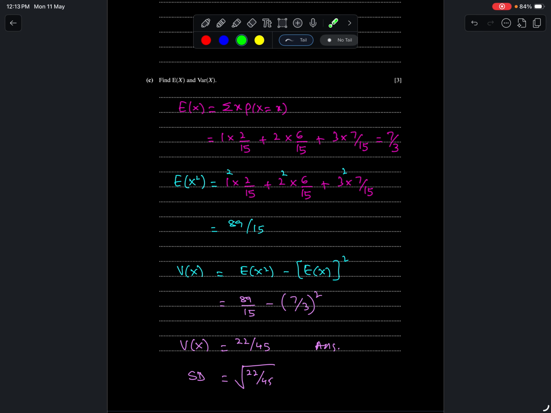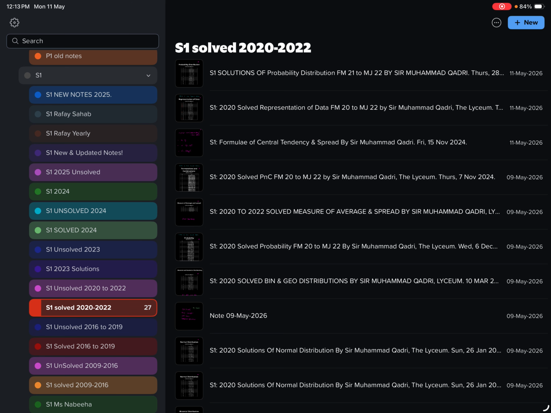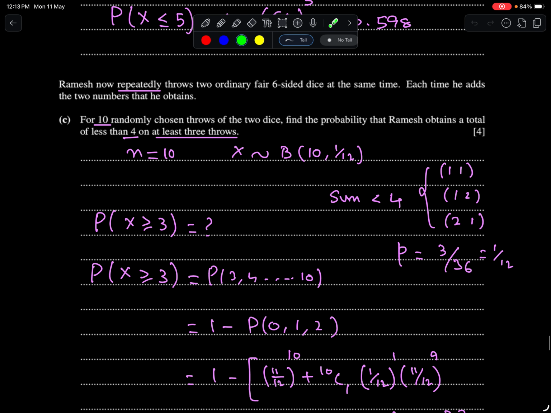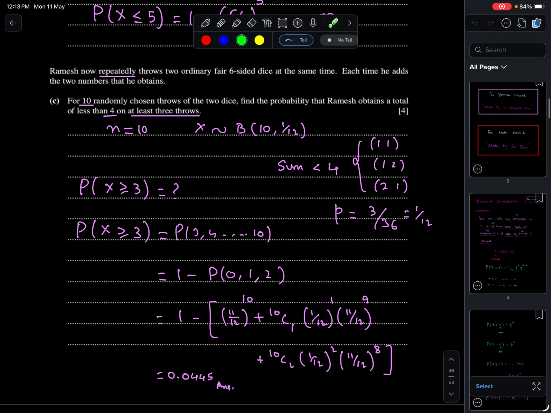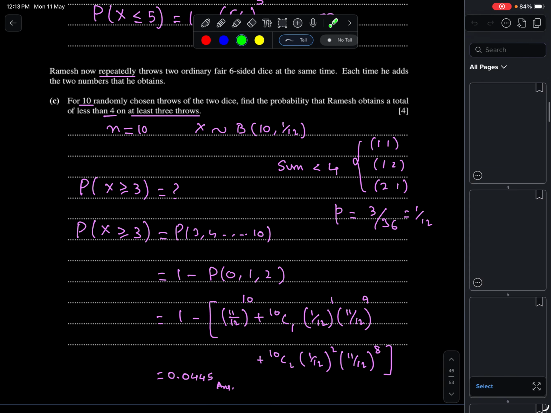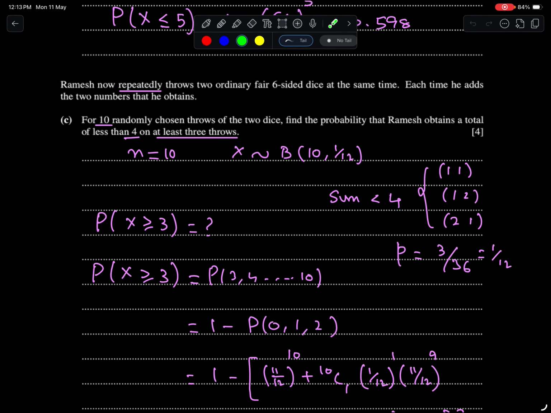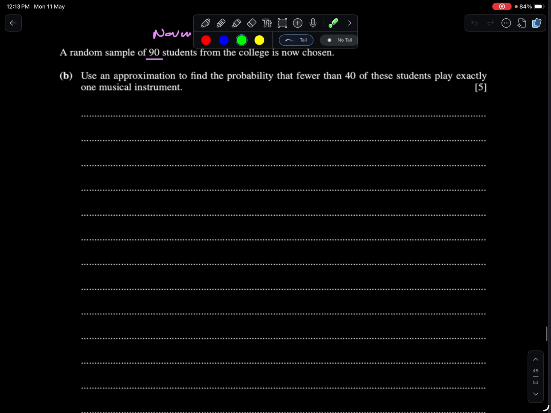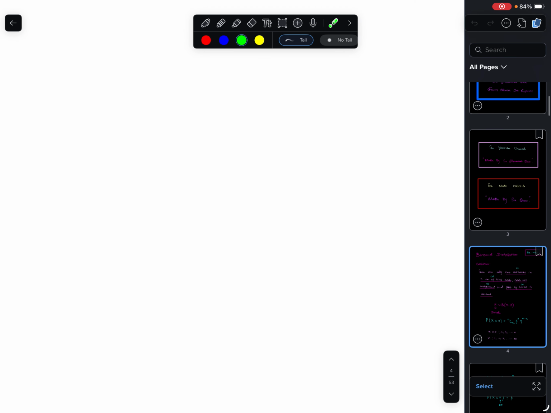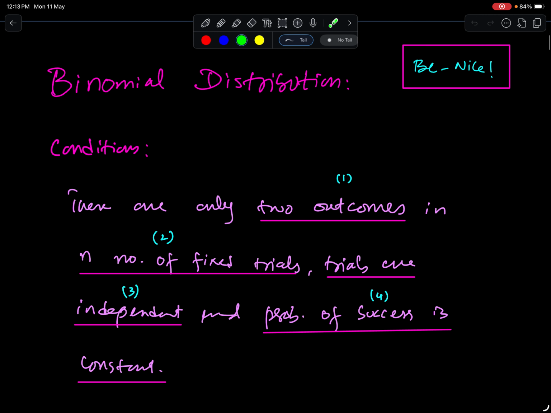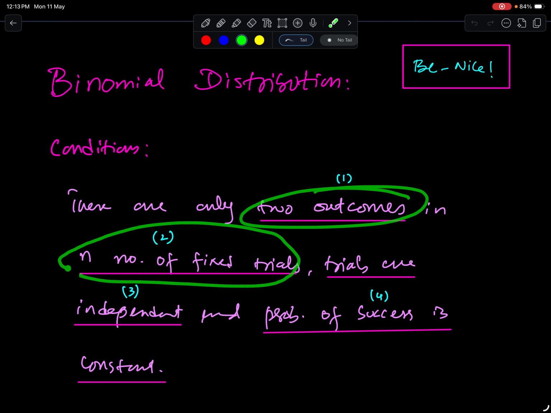Now the next topic is binomial and geometric. In binomial and geometric, you must differentiate the distributions with the help of their conditions. In binomial, there are only 2 outcomes and n number of fixed trials.